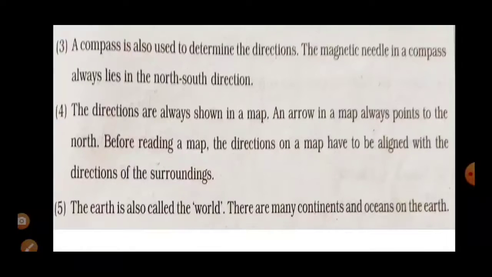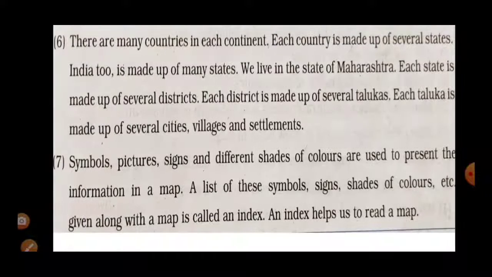The earth is also called the world. There are many continents and oceans on the earth. There are many countries in each continent. Each country is made up of several states. India too is made up of many states. We live in the state of Maharashtra.